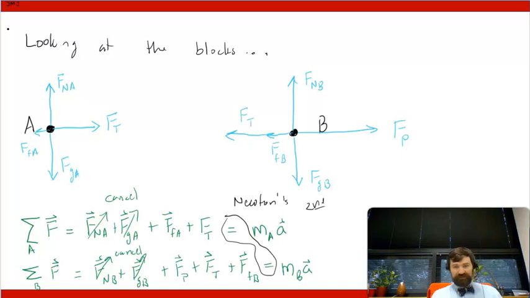So that's that. What do pulleys do to our system? By and large, what pulleys do is they redirect force.